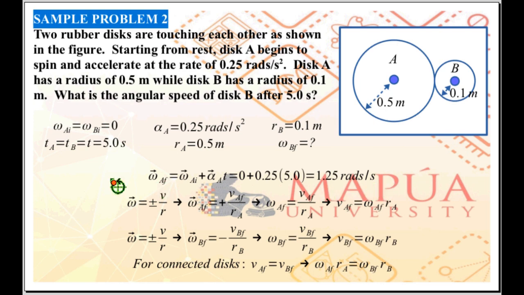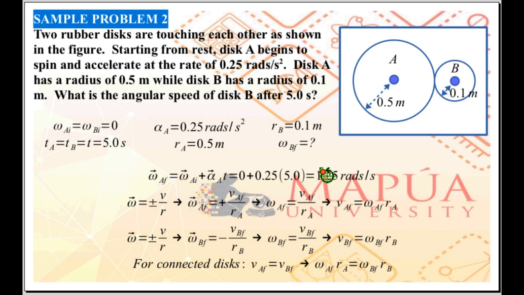Now, going back to our basic definitions of velocity, angular velocity, omega is equal to d theta over dt. It is also equal to plus minus v over r, where v is the tangential speed. Plus minus refers to the direction of the angular velocity.